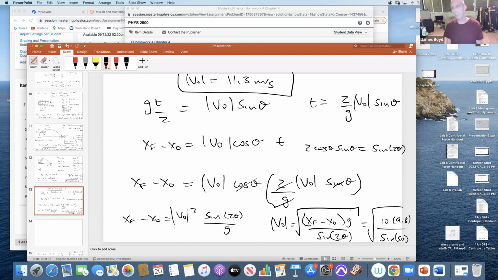This is about as hard as it gets when y initial and y final are the same. It's always a pain to find the initial velocity, to be honest with you. And finding the angle itself, if you don't know the angle, I will never ask it on an exam, because you can get in a lot of trouble. If you haven't done enough of these problems, it can end up really messing you up and wasting a lot of your time.